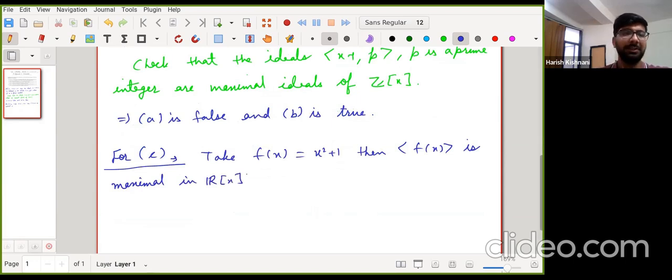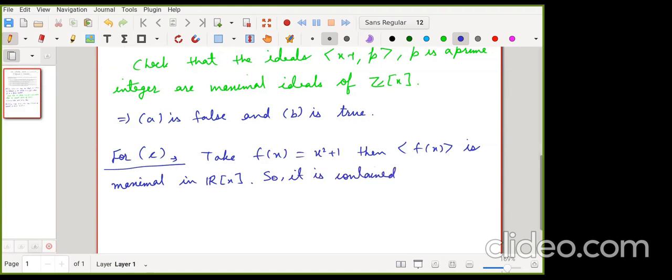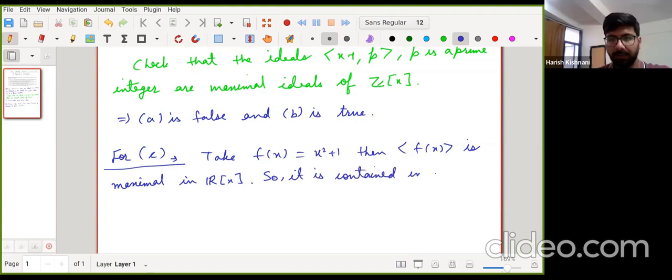If it is maximal, then it cannot be contained in any other proper ideal. So the only maximal ideal that contains it is itself, right? So it is contained in exactly one maximal ideal, that is itself. So the statement turns out to be false.